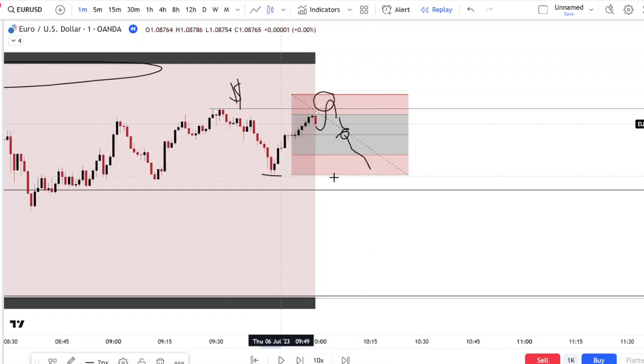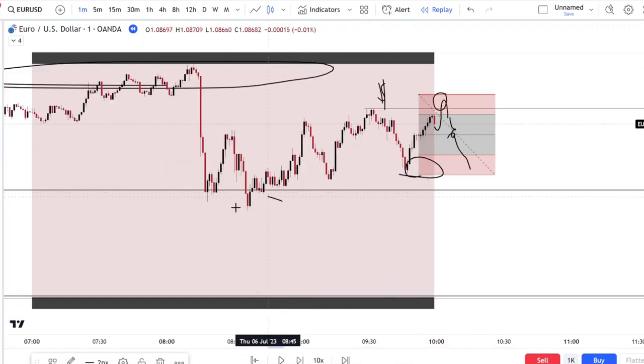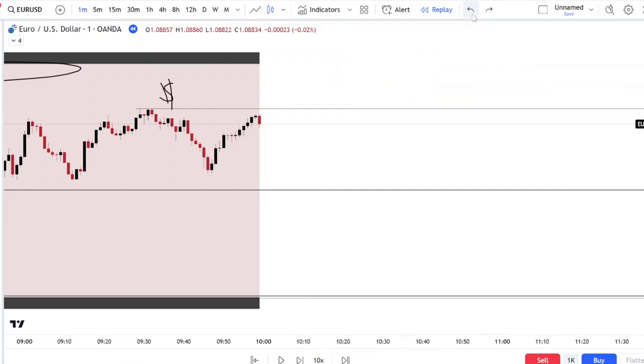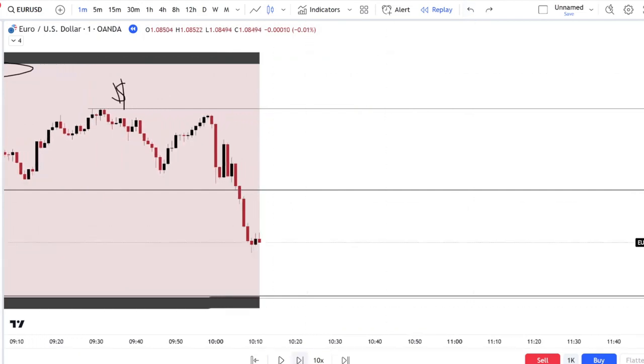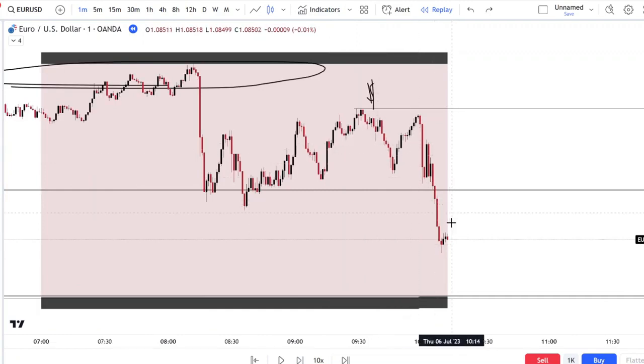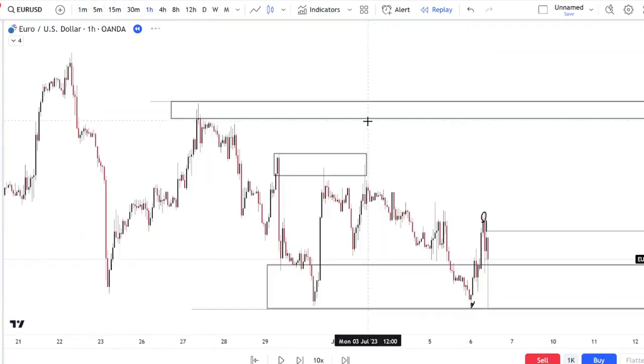Our first TP would be our first swing. Our second TP could be this swing or it could be this level. And price never went for the stop hunt. It just dropped. So we would skip this day and move on to the next day.